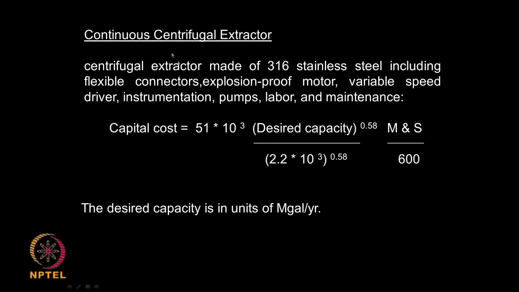Similarly, for a continuous centrifugal extractor, we have some formula here, and here the exponent is 0.58. Okay. This is using 316 stainless steel as a material. Okay. So, you see that different types of equipment can have different cost, and depending upon the material of construction the cost will change.